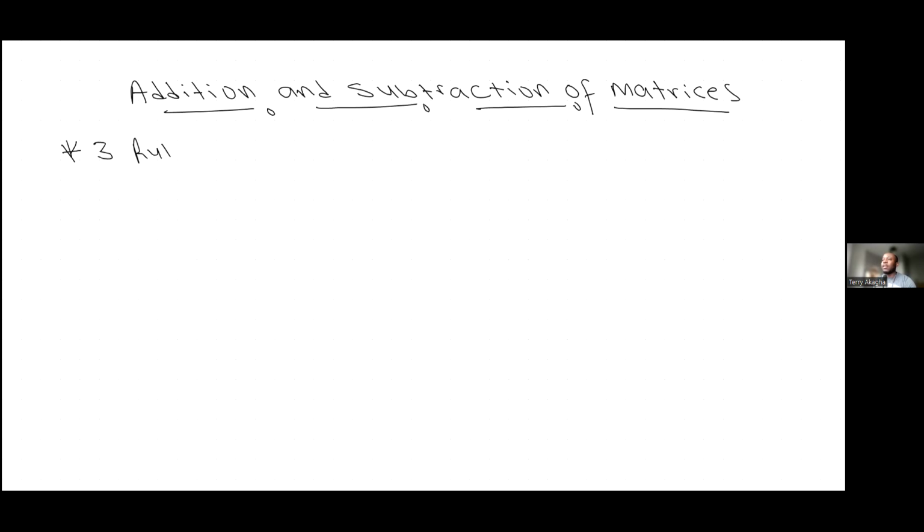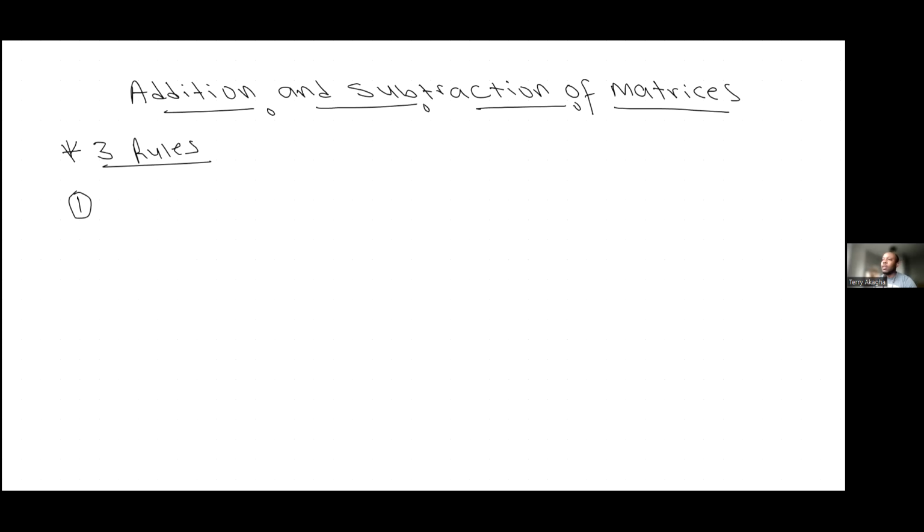Now, the first thing is that the two matrices that you want to add together must be in the same order. Does that make sense? For instance, you can add a 2 by 2 to another 2 by 2, but you can't add a 2 by 2 to another 2 by 4.